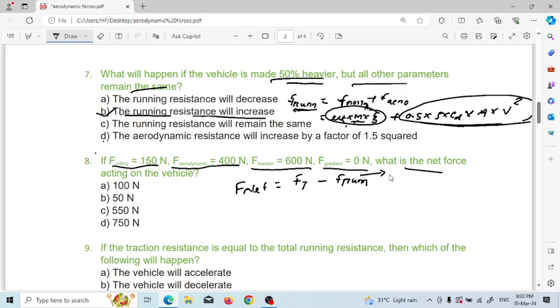We know F running is the sum of F rolling plus F aerodynamics, and F traction is given as 600 Newton.